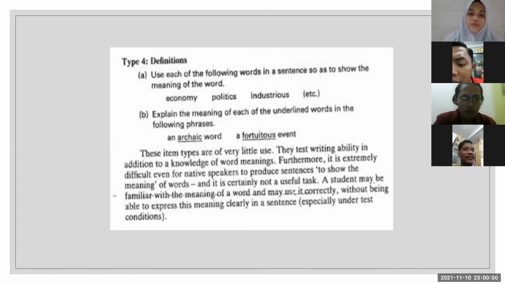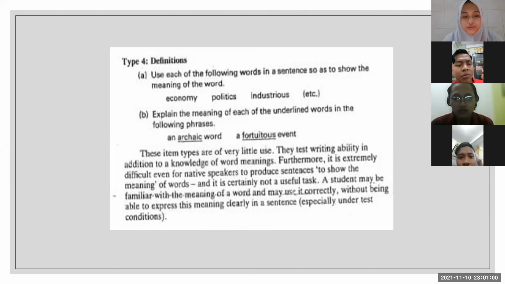These item types are of very little use, because every student may know very little about each word, and it tests each word rather than the first one only. I think we're going to the next slide.